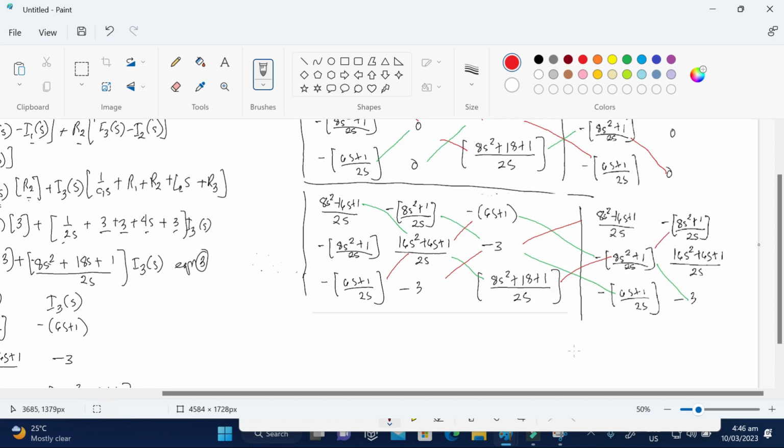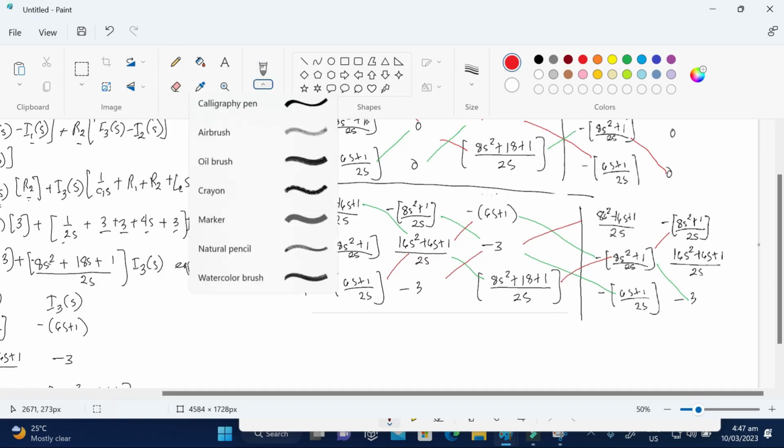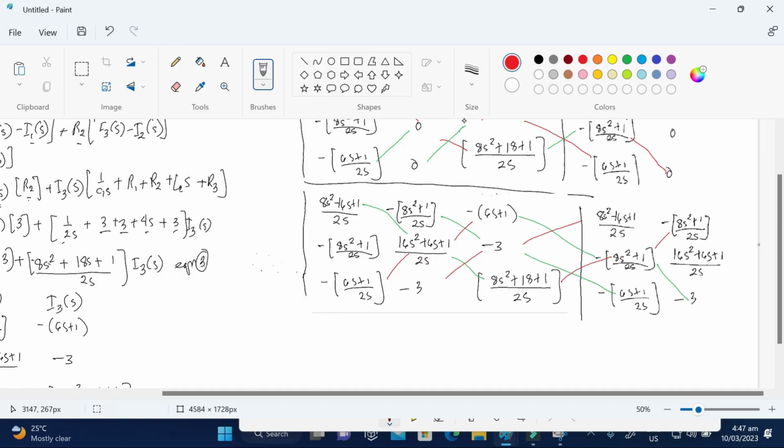So, pag yan, nakuha nyo na si I2. Okay. Magiging expressed yan in terms of VS, no? Magkakaroon ka na equation na ganyan. Okay, so sa VS.